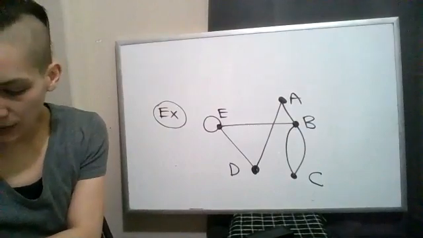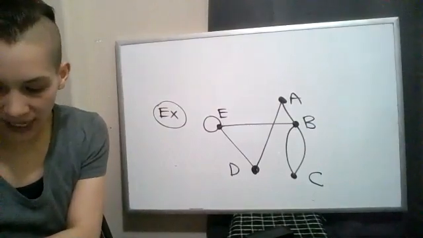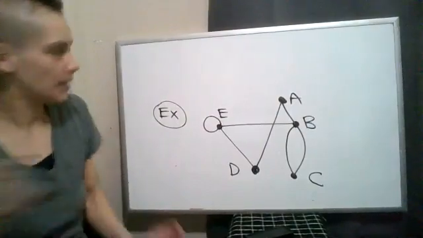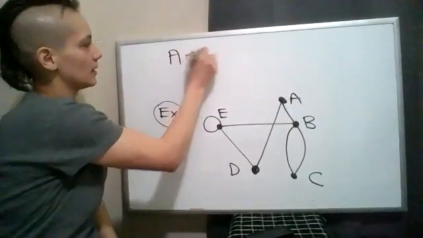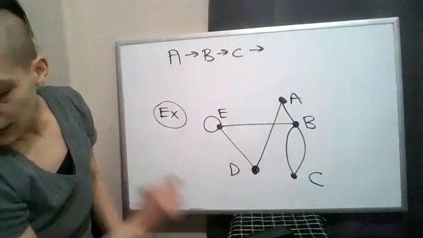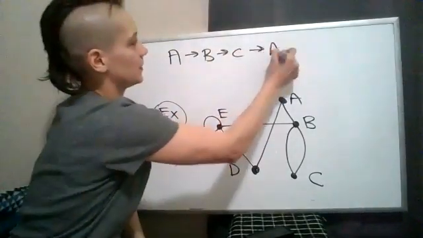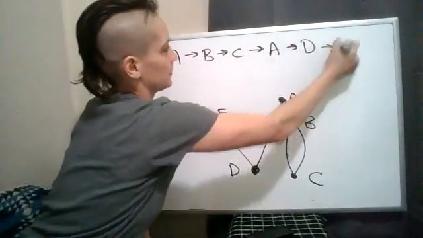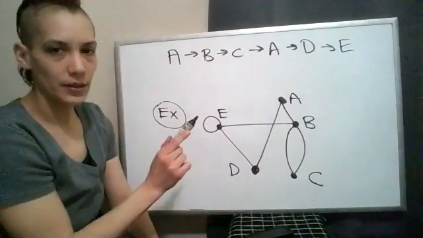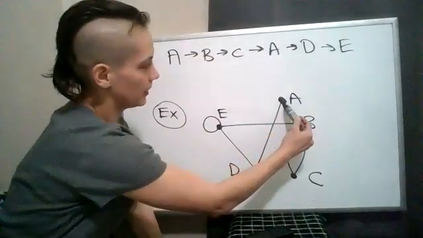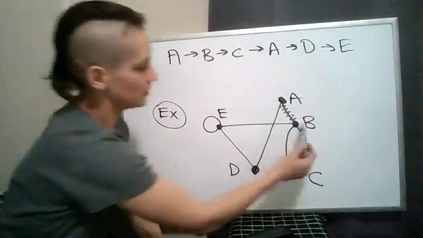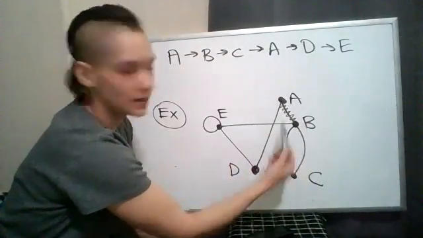Oh, cool. Okay, so the first one that the book has goes A, B, C, A, D, E, and then we'll check that out. A, D, E. So let's travel from A over to B. And then B goes over to C. Either of the edges, doesn't matter.